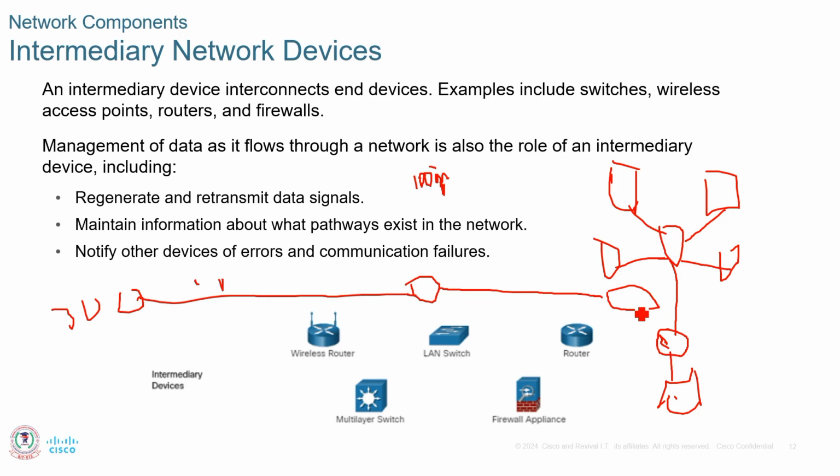And then it maintains the information about what pathways exist in the network. For example, you have a router here and a router here, and then you have a switch here, and this switch is connected to this router, and this switch is connected to this router, and then behind this switch you have different nodes or hosts or end devices.